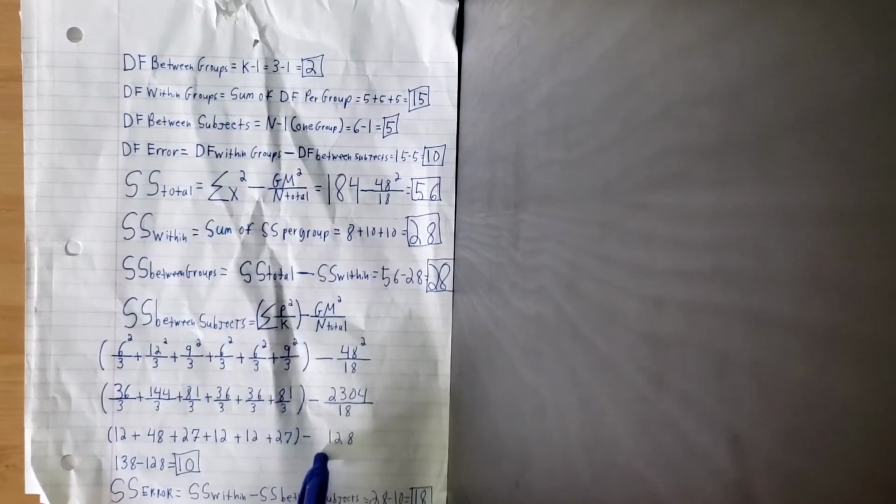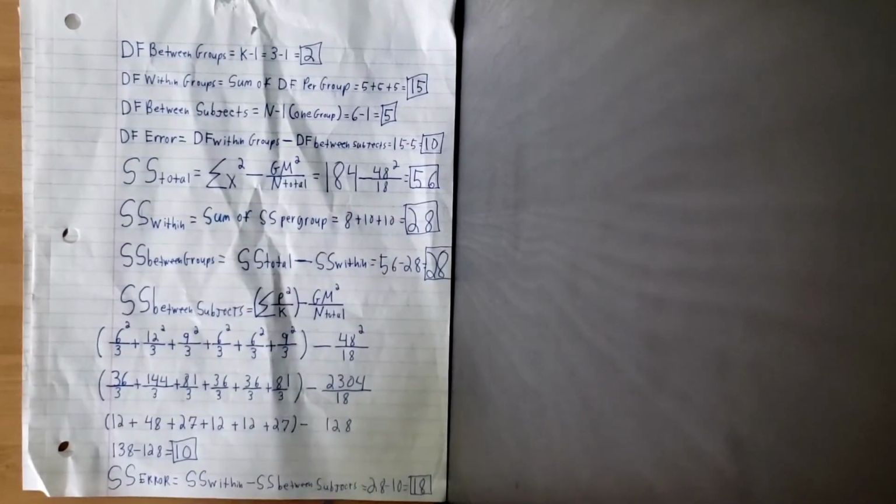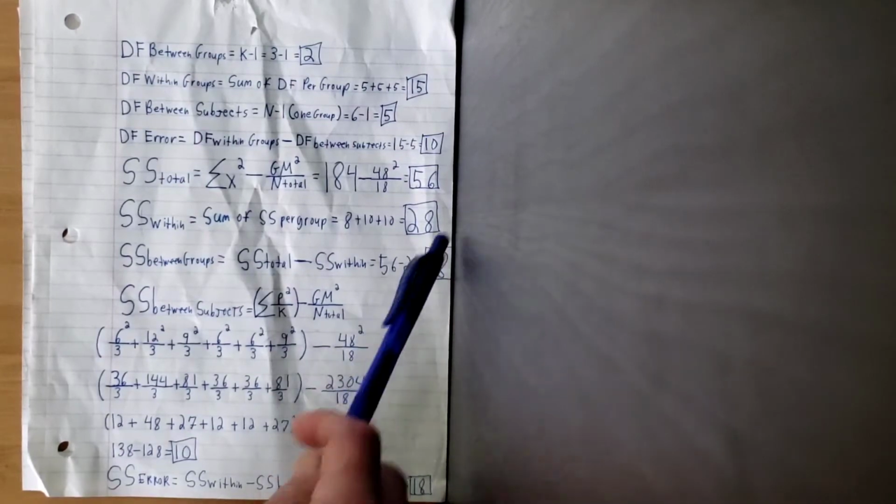The sum of the P squares divided by K is 138, and the sum of gram mean squared over N total is 128. So 138 minus 128 equals 10. Then you want to get sum of squares error, which is SS within minus SS between subjects. So that's 28 minus 10 equals 18.